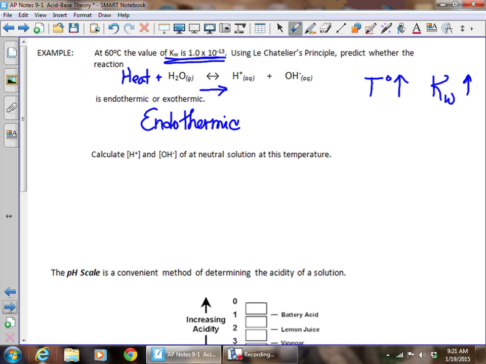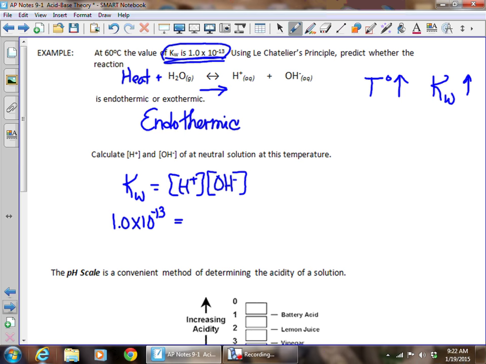Well, now it wants us to calculate the hydrogen and the hydroxide ion concentration of a neutral solution at this temperature. So remember, it's a different temperature. 25 degrees Celsius is 1 times 10 to the minus 14th, but this is 60 degrees, and this is Kw now. So in order to get the concentration of each of these, we know Kw at any temperature is going to be hydrogen ion concentration times hydroxide ion concentration. We know this time, though, that Kw is 1.0 times 10 to the minus 13th.